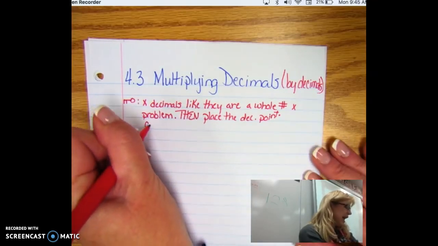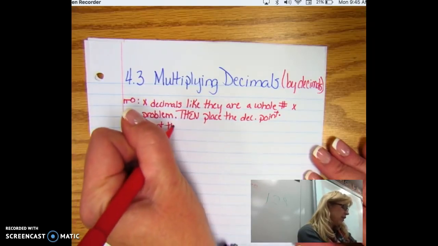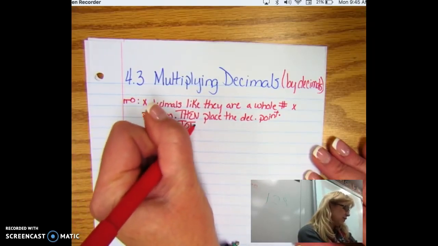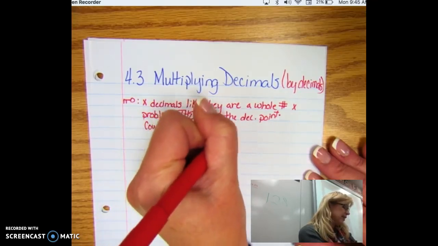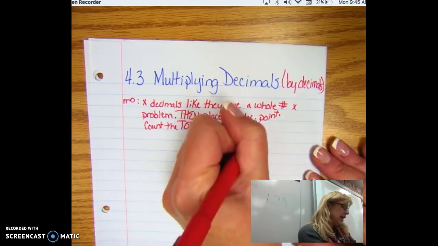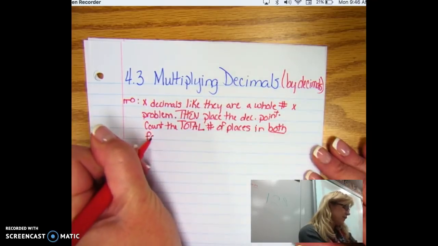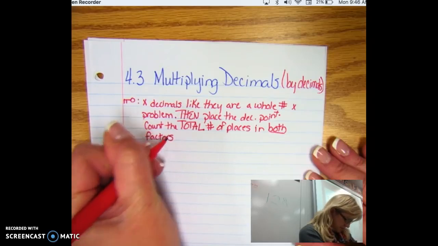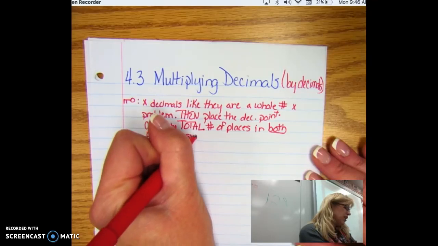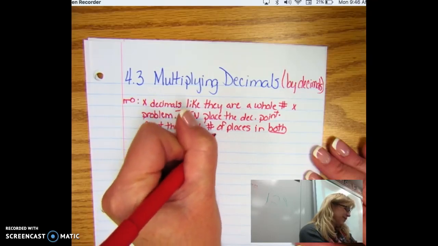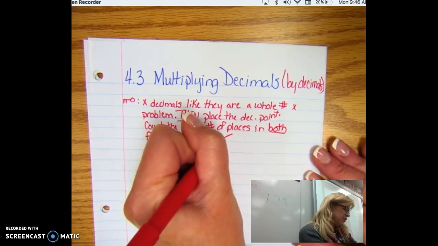And you need to count the total number of places in both factors and swoosh it. And I'm going to try to draw a Nike swoosh.